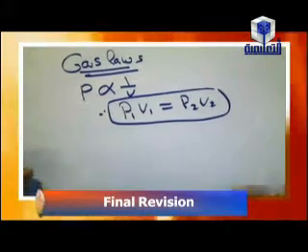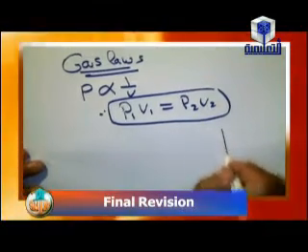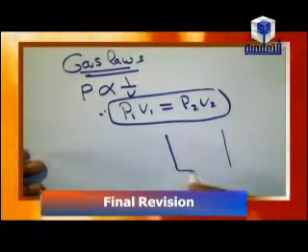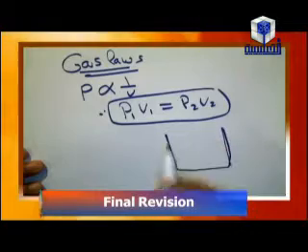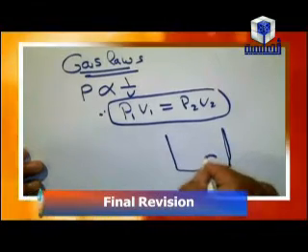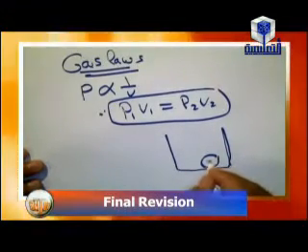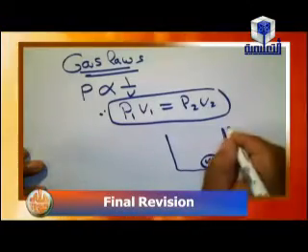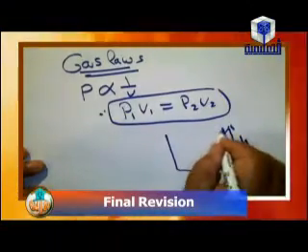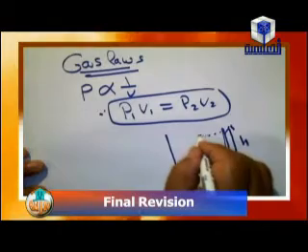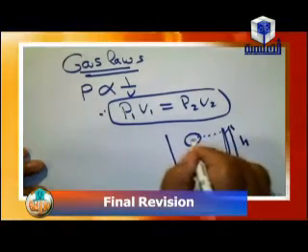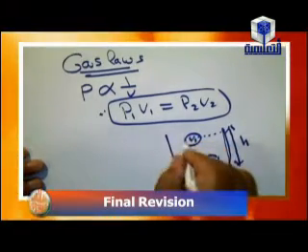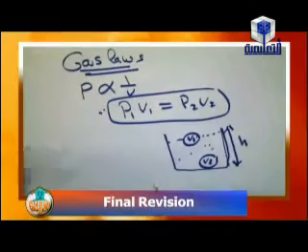We can use this law, as an example for a problem, if we have two bubbles, one of them with volume V2 at depth H, and this bubble at the surface of water with volume V1, and the temperature is constant.